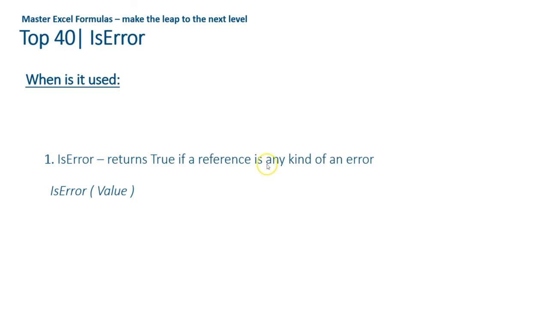That's why the explanation here specifies any kind of error. The structure of the formula is that all we need to do is put the value, or the specified cell, within the brackets.